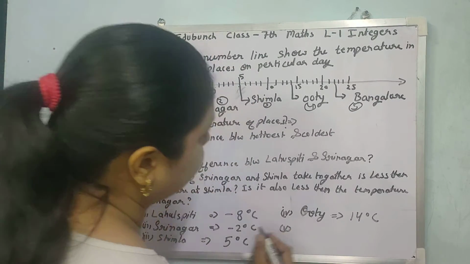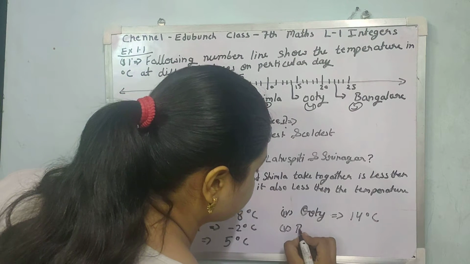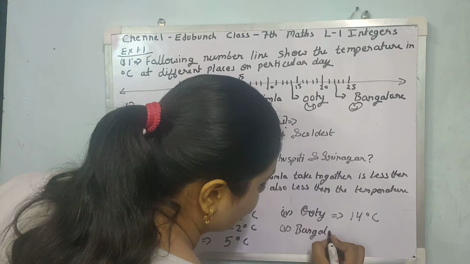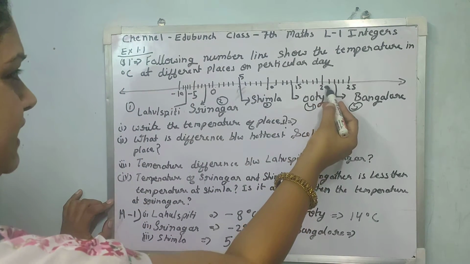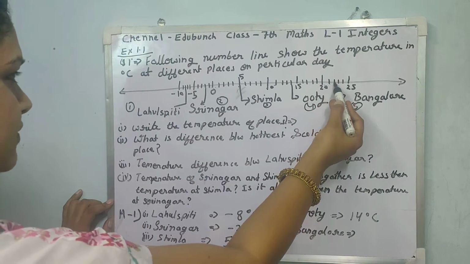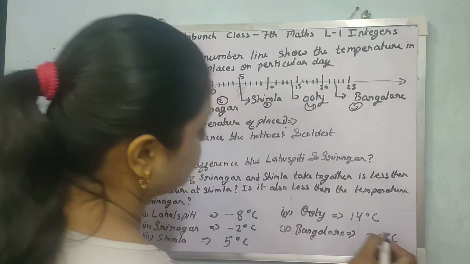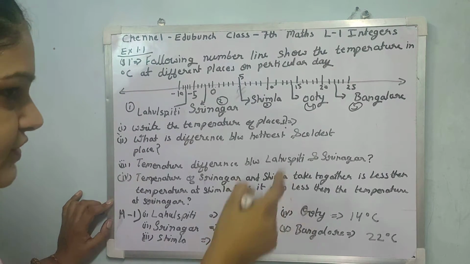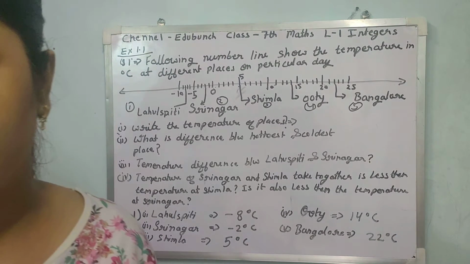And the fifth is the temperature of Bangalore. The temperature of Bangalore is 20, then we count 21, 22 degrees Celsius. So the first part of the first question is finished. Now we come to the second part of the same question.